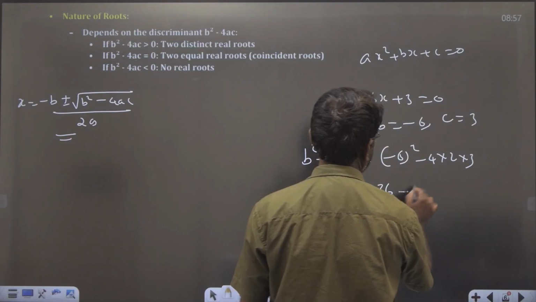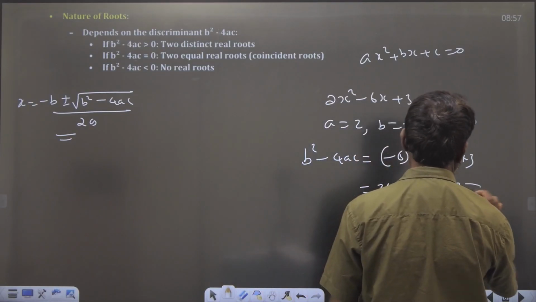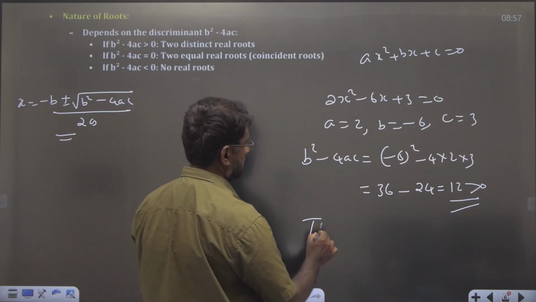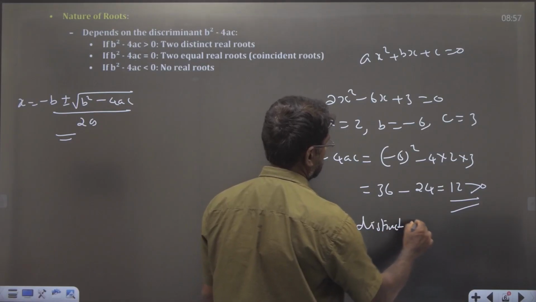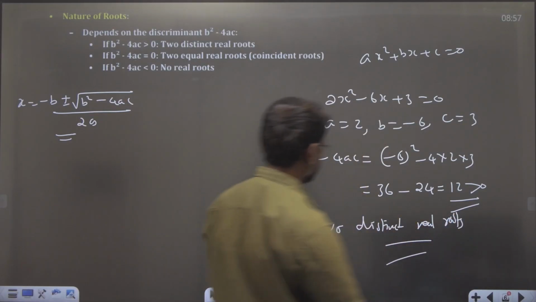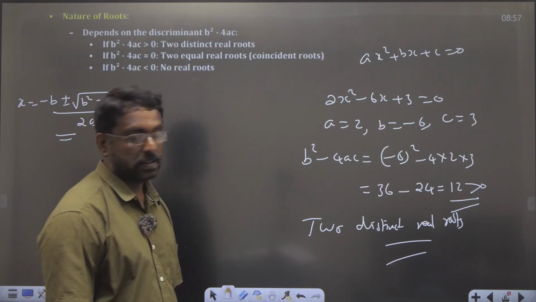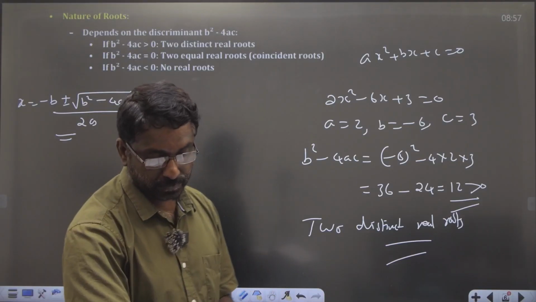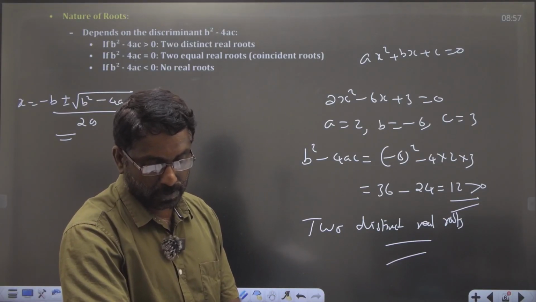That is 36 minus 24, that is 12. That is clearly greater than 0. There exist two distinct real roots. You just conclude two distinct real roots. Okay.